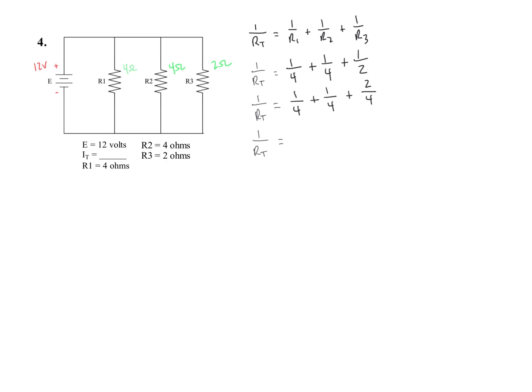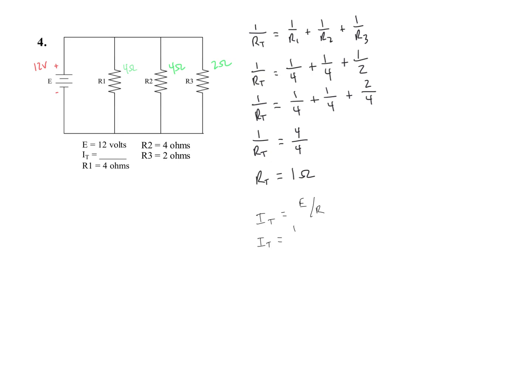And then that becomes what? Oh, 4 over 4. It's going to be 1. So the reciprocal of this, RT, is 1 ohm. Okay, so now once we know that, we can go back to Ohm's law and write out the total current is equal to voltage divided by resistance.